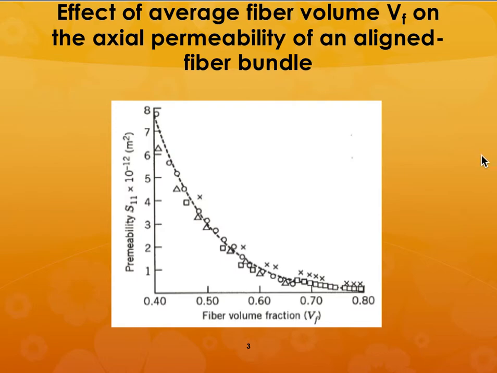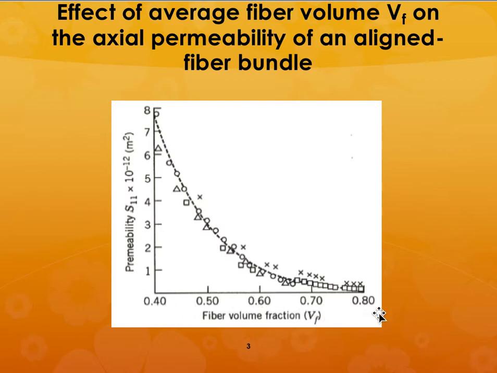You want to make sure that there is enough permeability for the matrix to penetrate into. This is represented as S11, in meter squared. That is called the axial permeability, and the fiber volume fraction is going to control that.